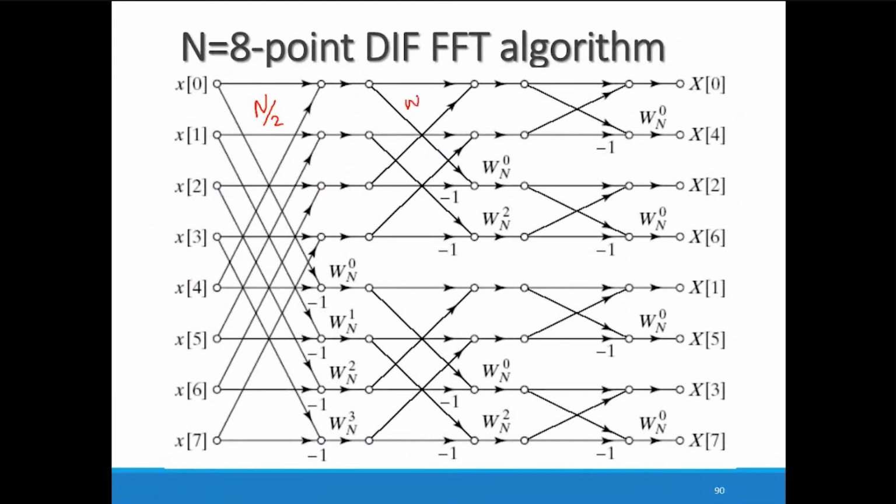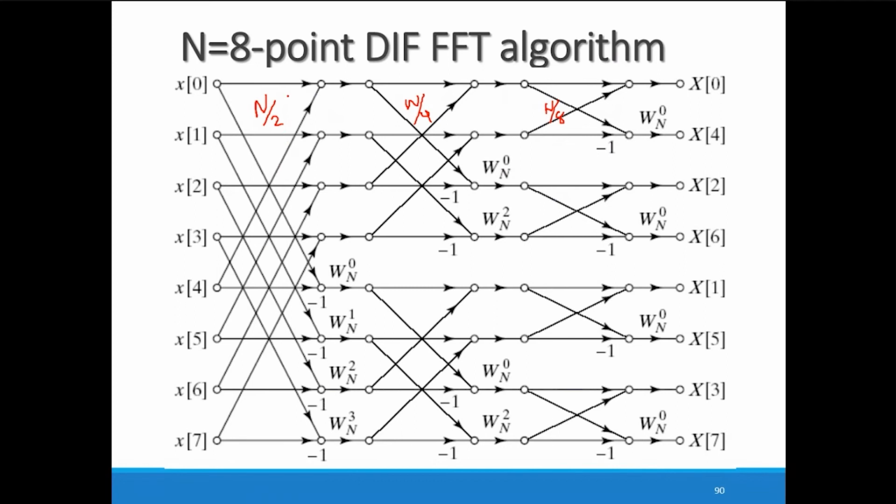Then we perform n by 4, and the last one is n by 8. This is reversed compared to the previous one. In the previous case, we applied n by 8 here, then n by 4, and n by 2, meaning first a simple multiplication, then 2 stage and 3 stage. But here, compared to DIT, the implementation is reversed.